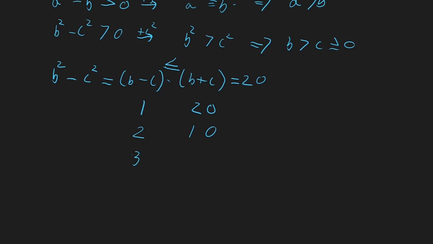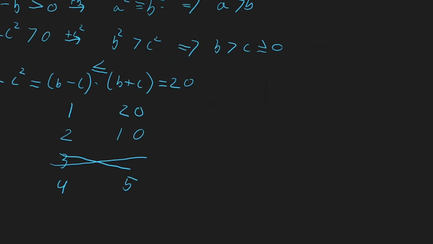We can assume this is 3, but this will not give an integer solution, so I will cross this over. Then we can look at 4, and if I have 4, this parenthesis will be 5. So these are the 3 possible solutions to these parentheses when it needs to be 20.